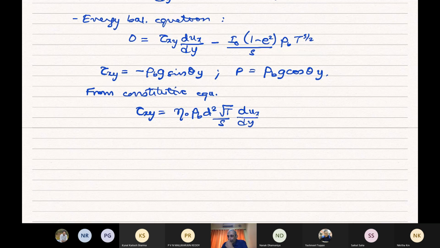Okay, since there is no conduction, the energy balance equation will give us the temperature, which is just equal to something whole squared. We have seen this already.